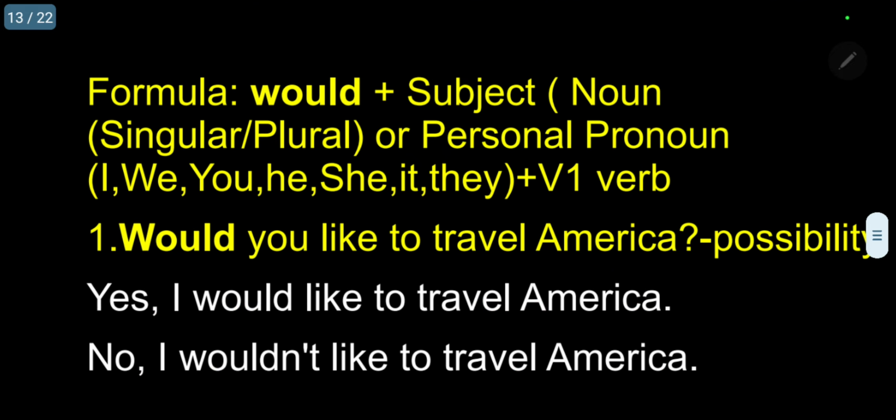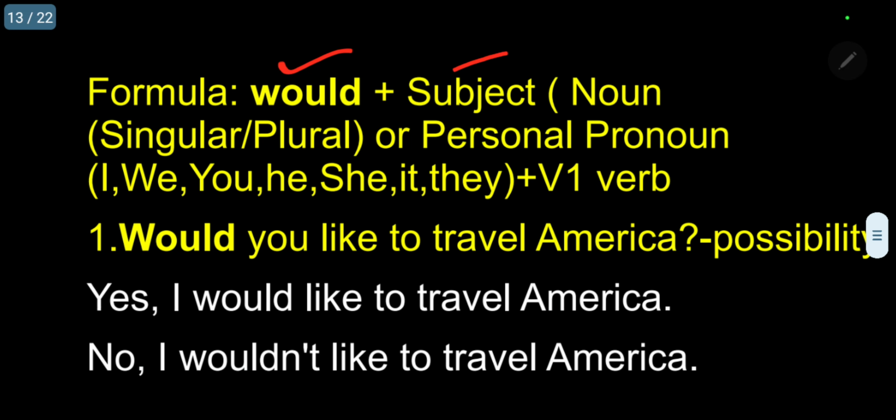So what is the general formula you have to apply? Very, very easy. First, use would, number one. Number two, plus subject. Subject, as you know already, is a noun, singular or plural, or a personal pronoun: first person singular I or plural we, second person singular you or plural you, third person singular he, she, it, and plural they.